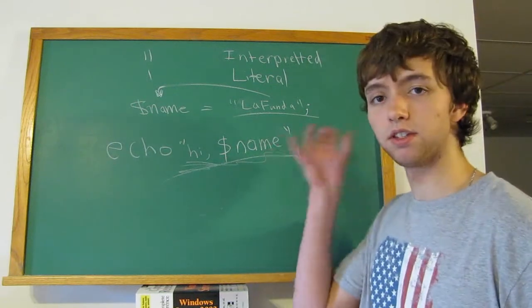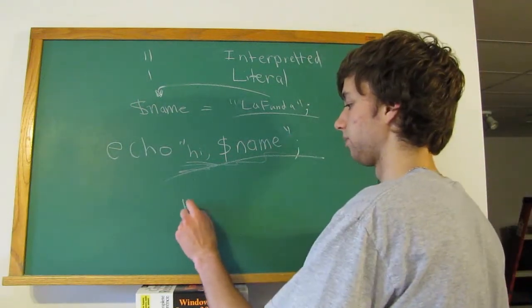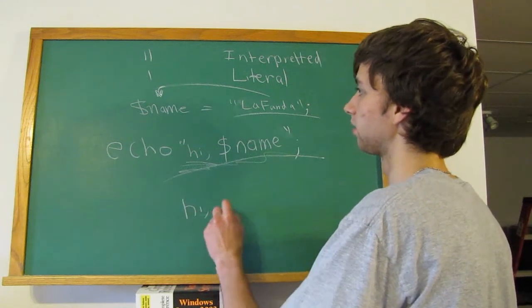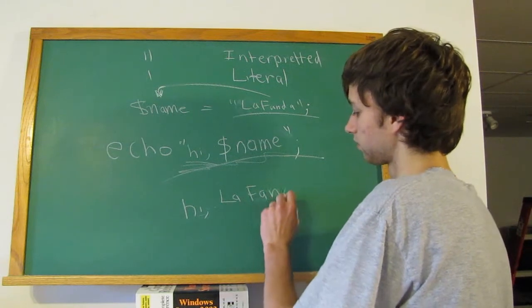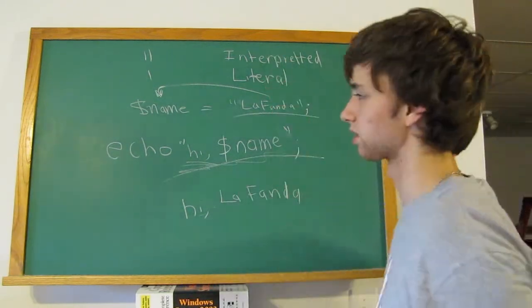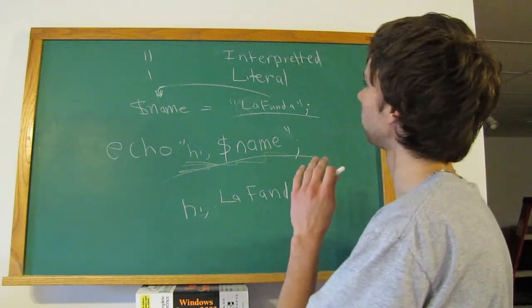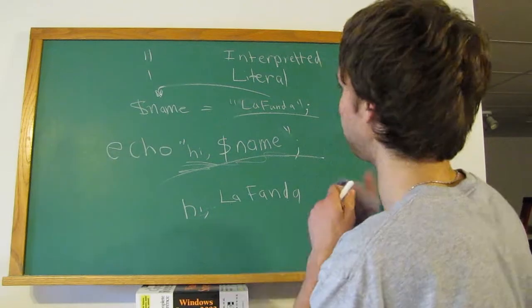Now, when this is displayed on the web browser, we are going to get hi, LaFonda. You see? Because it's interpreted, which I think that's spelled wrong. I don't think there's two. Oh, gosh, I don't know. I'm just going to erase it because I'm too embarrassed.